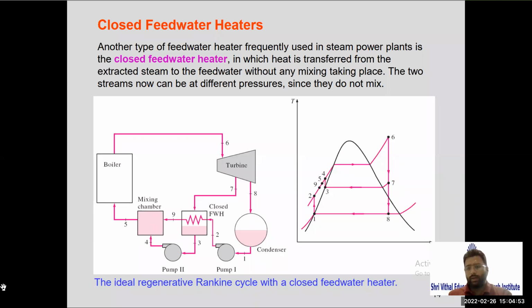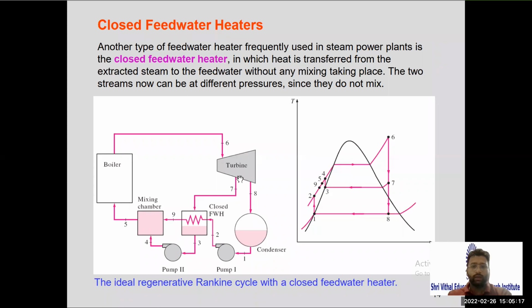So draw the schematic, draw the TS diagram. What will the efficiency be here again? Efficiency will be net work done divided by Q in. Q in will be the heat supplied in the boiler, that will be H6 minus H5. What will be the turbine work?